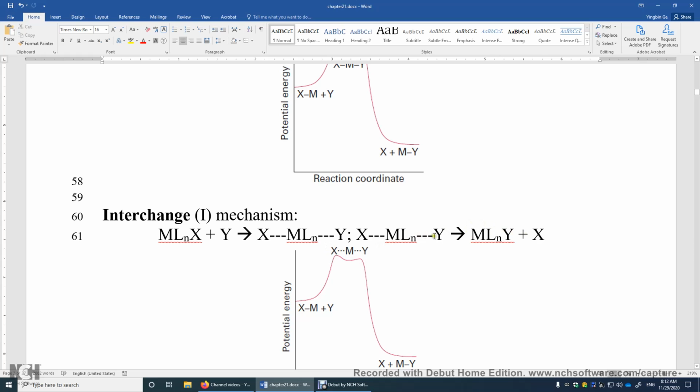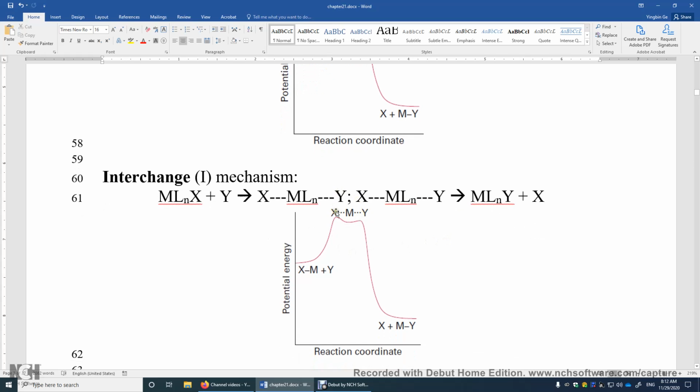In the second step, X leaves completely, and Y forms a complete bond with M. So over here, the intermediate is X partial bond M, M partial bond Y. And this is also an intermediate which is trapped in this well.